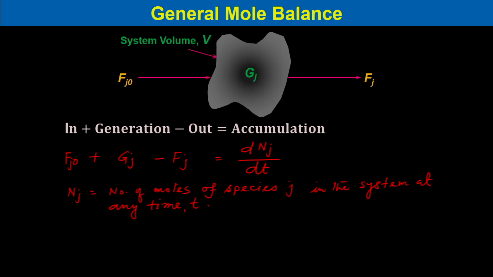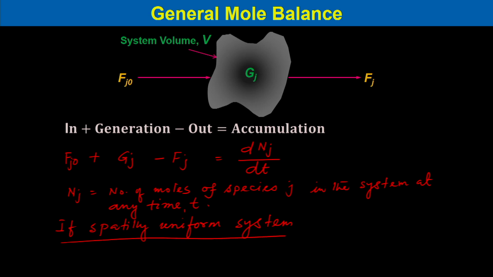Now, if this system is spatially uniform, then we can write Gj would be equal to Rj, rate of reaction of component j, times the volume of the system.